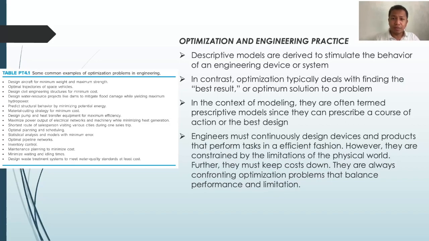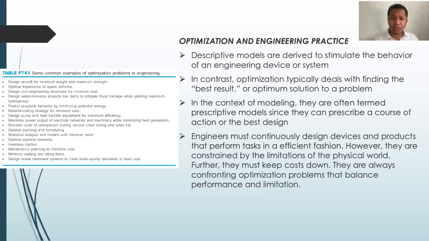In contrast, optimization typically deals with finding the best result or optimum solution to a problem. So in the context of modeling, they are often termed prescriptive models, since they can prescribe a course of action or the best design.